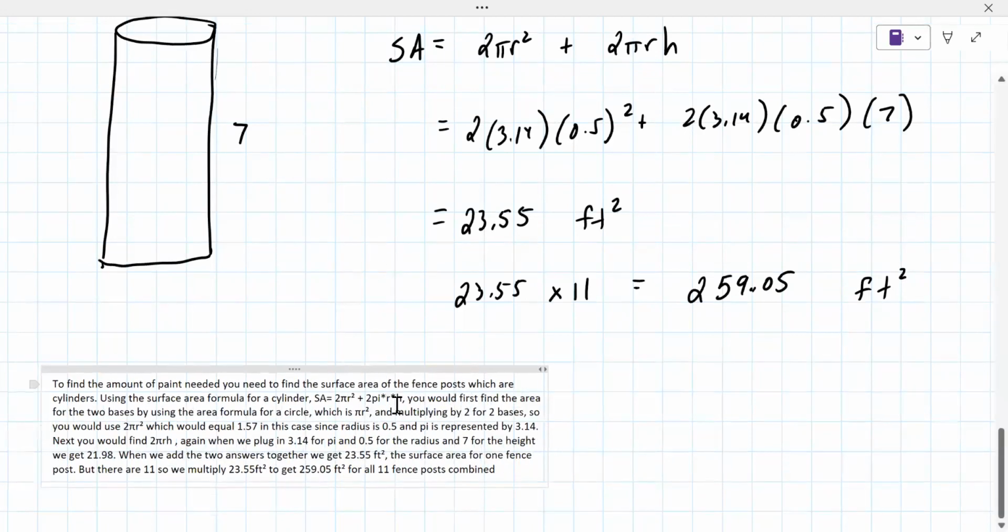I think I put 2 pi r h in there. Maybe it didn't copy. Oh, I might have accidentally deleted it when I sent it. I added it in there, but I think I might have accidentally deleted it.